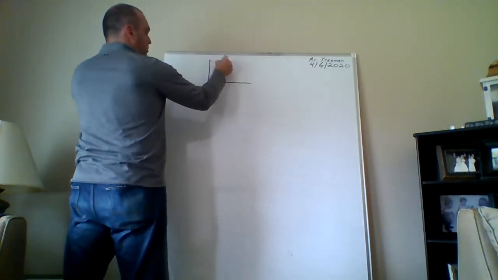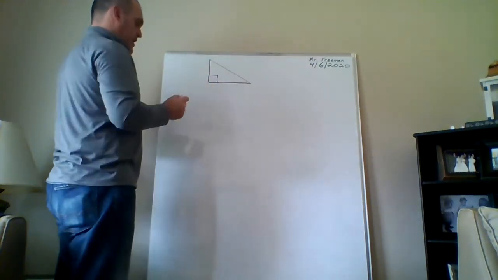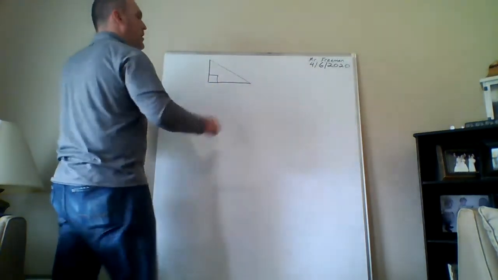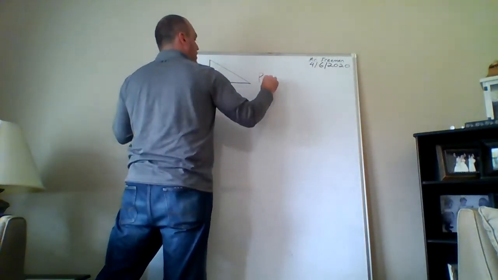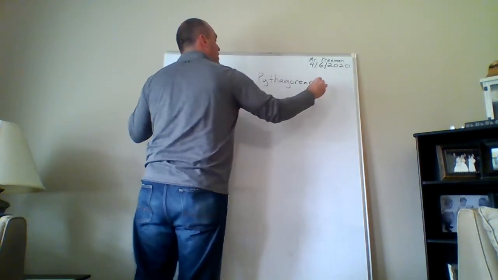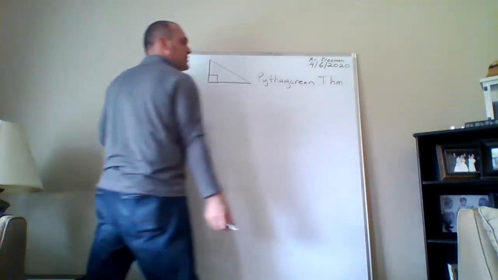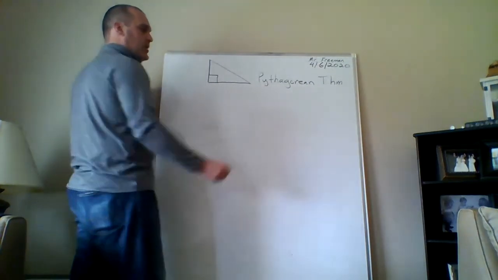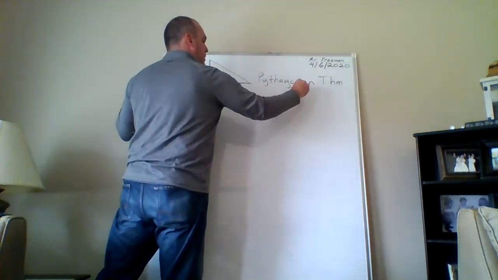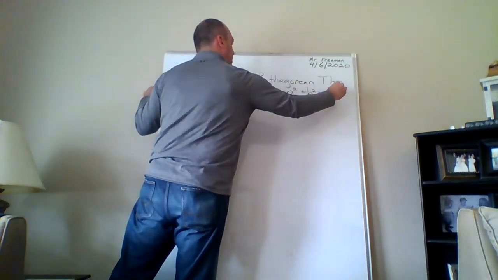There has to be a spot in the triangle that's a right angle. It has that fun name because there was a guy a long time ago named Pythagoras. And that theorem is a squared plus b squared equals c squared.